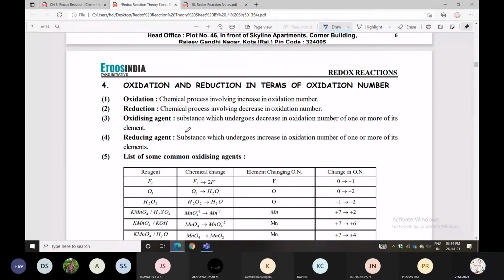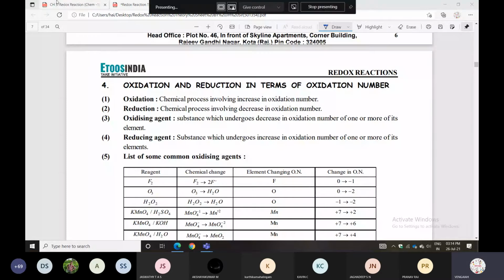Now listen to the definitions. Oxidation is a chemical process involving an increase in oxidation number. Reduction is a decrease in oxidation number.